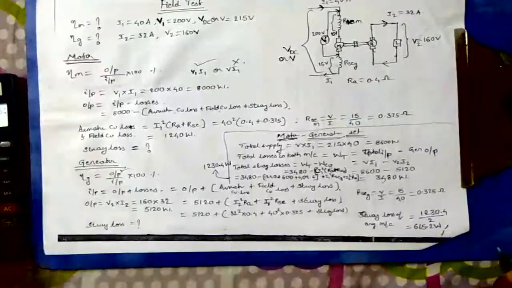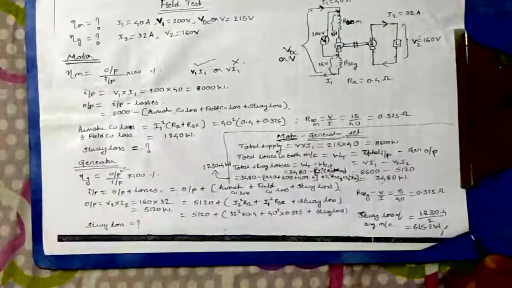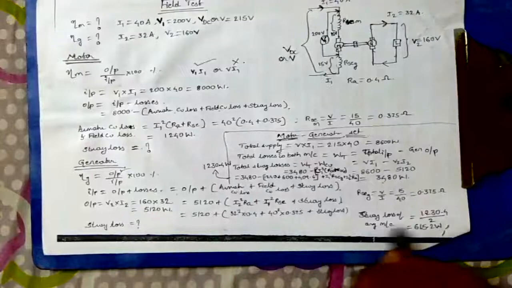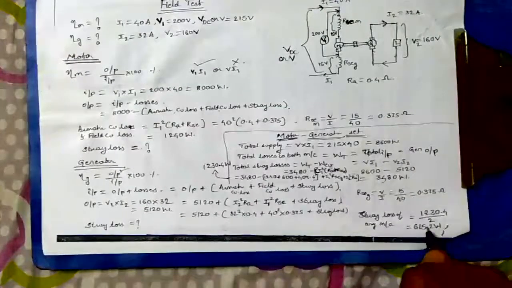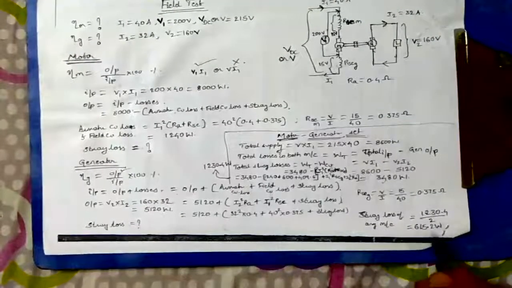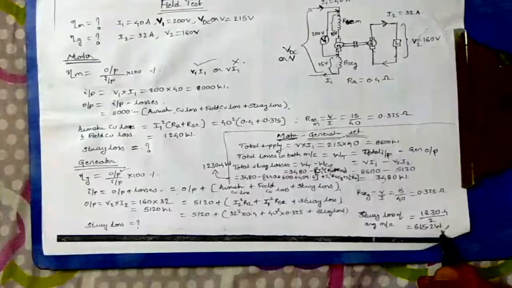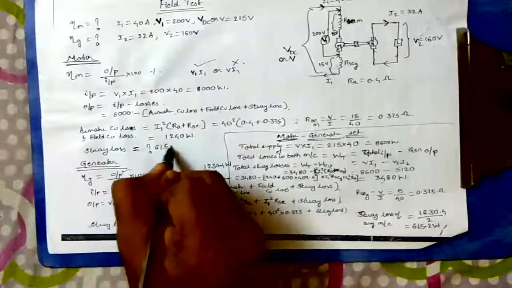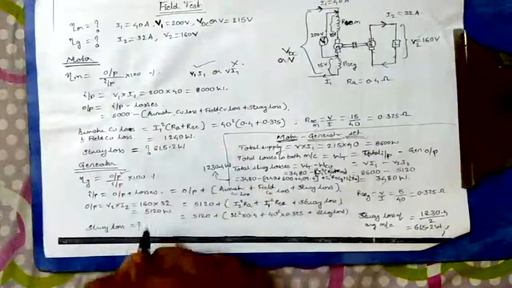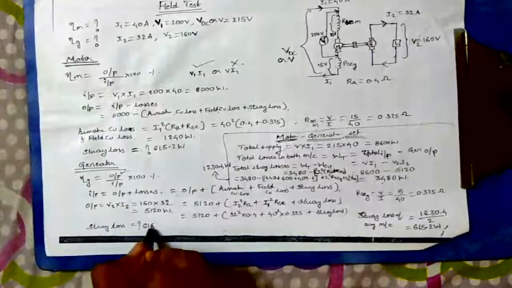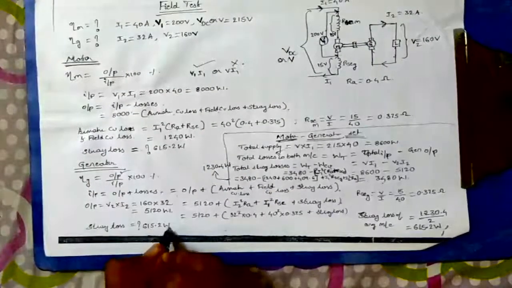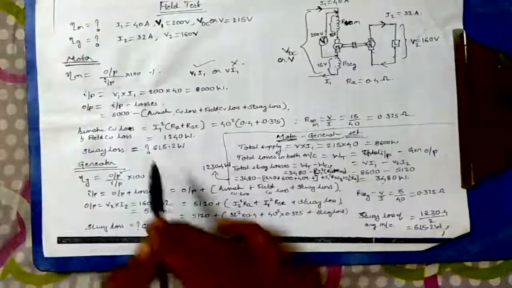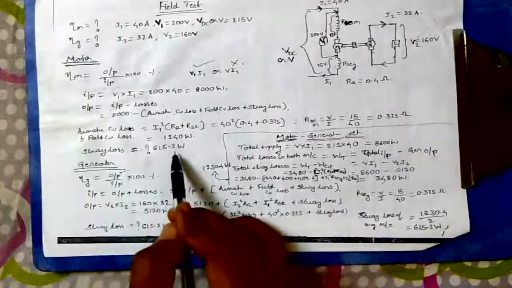Don't forget to mention the units. So the stray loss per machine, of any machine, not combined, is 615.2 watts, and for the generator also it will be the same, 615.2 watts, because for both the machines the stray loss is the same.